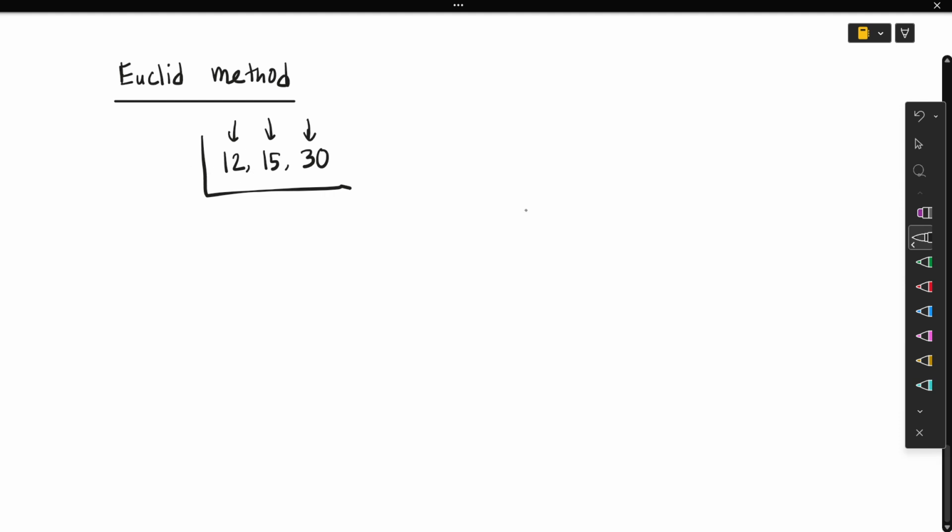At least one value must be divisible by that value. But generally we have to think of a value which can divide all these 3 values. So if you take 2 here, you cannot divide 15 by 2. You won't get any whole value. Okay, that's what I'm talking about. So let's take 3 here.